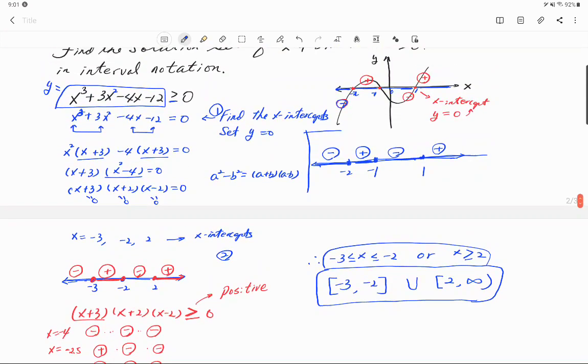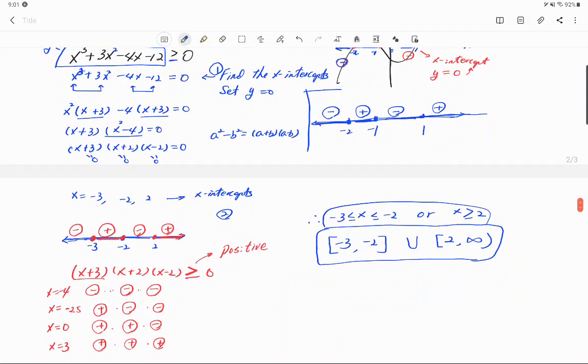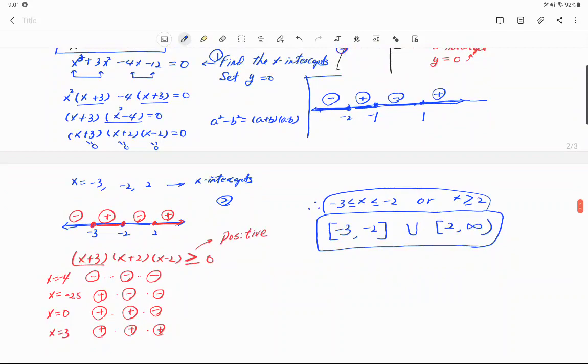Can you see how we did it? What you have to do is move all the terms to the left, so the right side is 0. The expression on the left-hand side of the inequality should equal 0 so that we can find the x-intercepts. Once you find the x-intercepts, check each interval to see whether the y values are positive or negative.